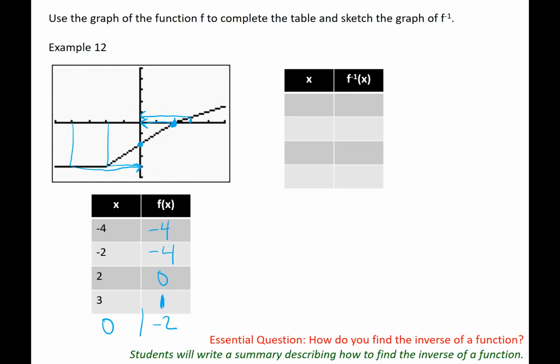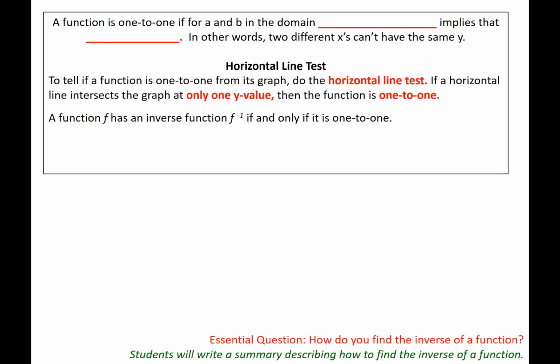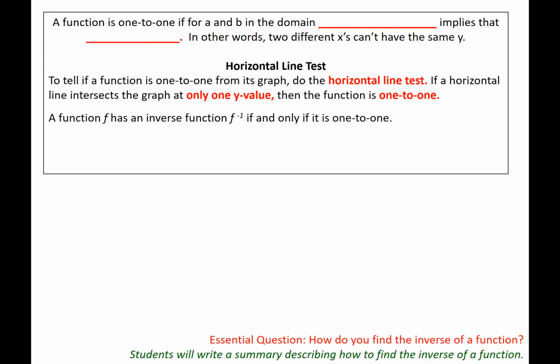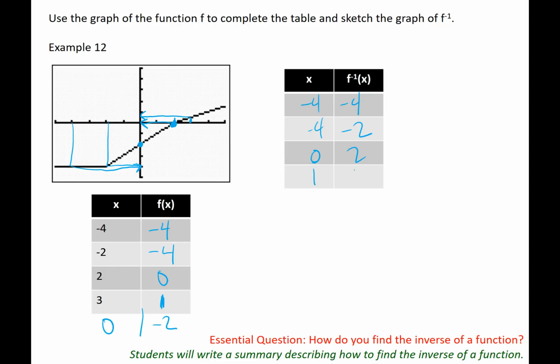Again, I don't know why it's annoying doing that. So I'm going to flip them: -4, -4, -4, -2, 0, 2, 1, 3, and -2, 0.